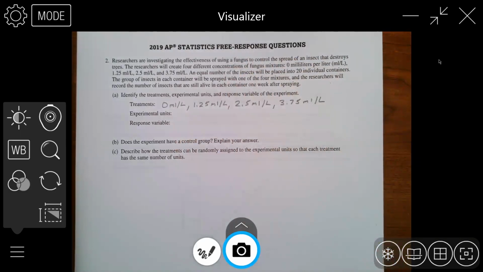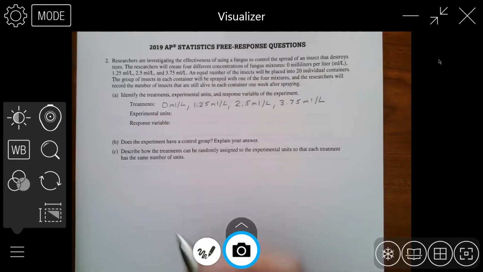And experimental units. Any ideas on that? Yes, the insects. Now, we do need to be a little bit more specific. Actually, if you just put insects, I believe they would mark that as incorrect, because you are not spraying each individual insect with the mixture, according to this.